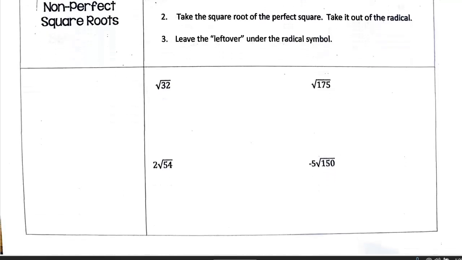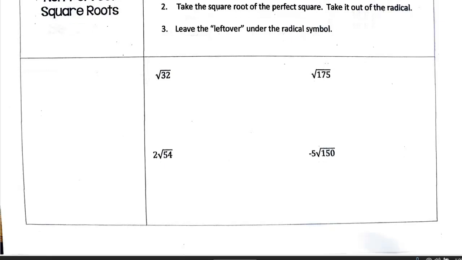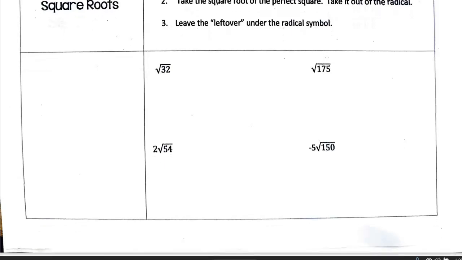So let's look at an example, the square root of 32. I like to break this up into a perfect square and something that's not. 32 can be divided by 4, which is a perfect square, but the other factor is 8, and I know that 8 has another perfect square, which is 4. So I want to go larger than 4. You'll see that 16 is a factor of 32: 16 times 2.